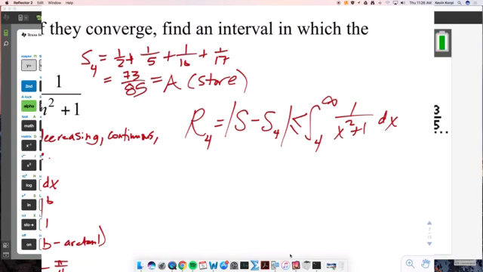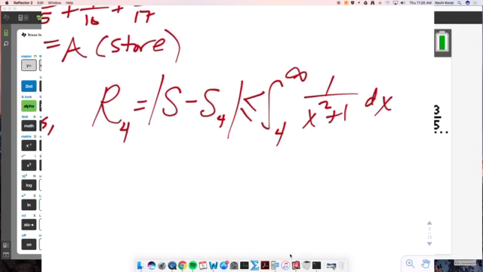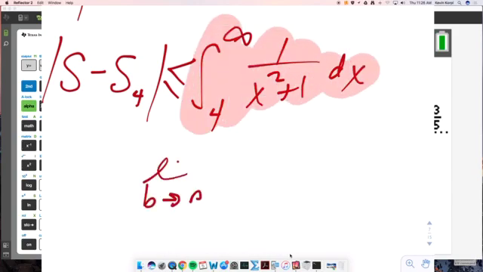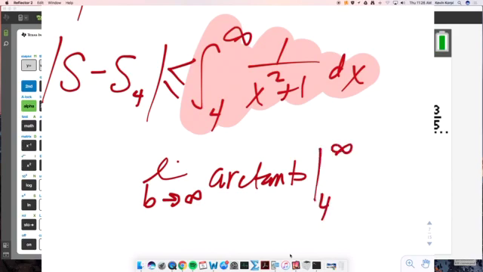The remainder using 4 terms is equal to the actual minus the approximate, but we don't know what it is, so it's less than or equal to the integral from that same number 4 to infinity. So let's go ahead and evaluate this right here. We've already got the antiderivative, so it's the limit as b goes to infinity of arctangent of x from 4 to b.